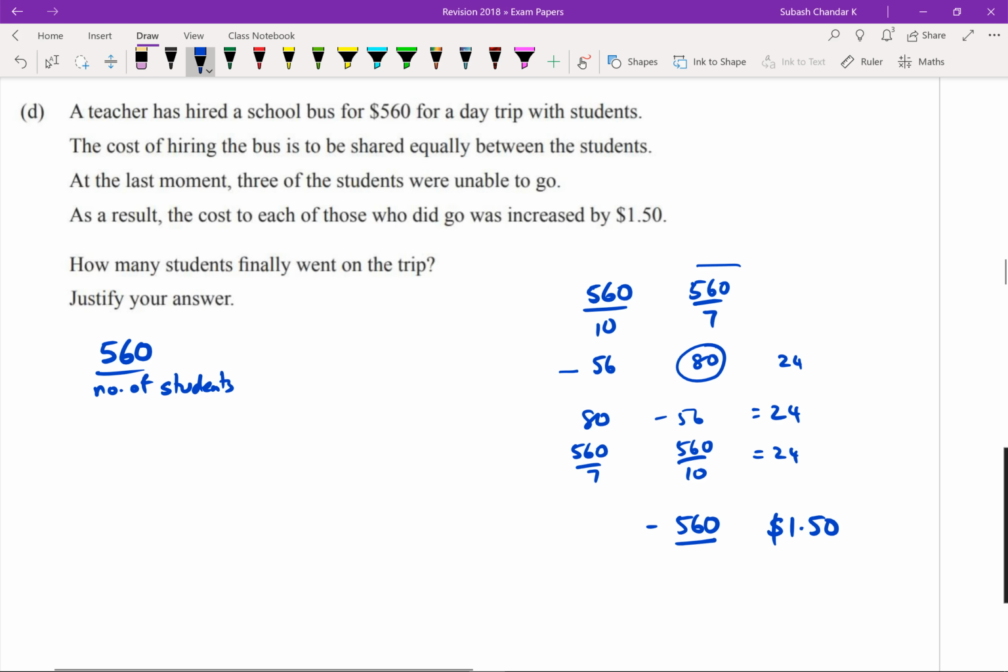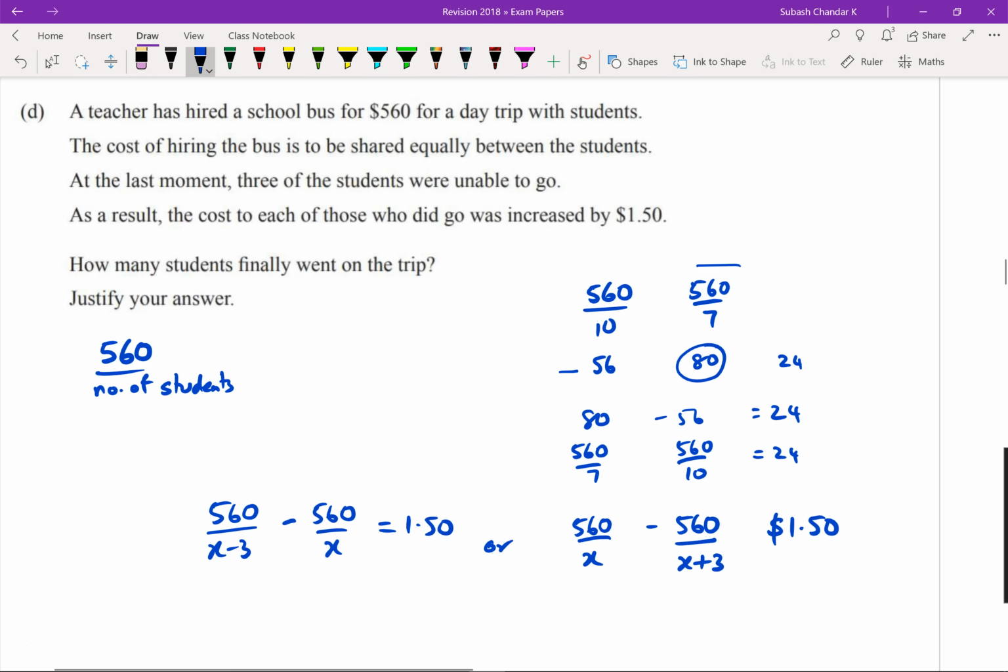You can do it 2 ways. You can write x as the original students that planned to go, or you could say x as what the current people are doing. So you could have this as x plus 3 and x, or you could also have 560 over x minus 560 over x plus 3 is equal to $1.50.